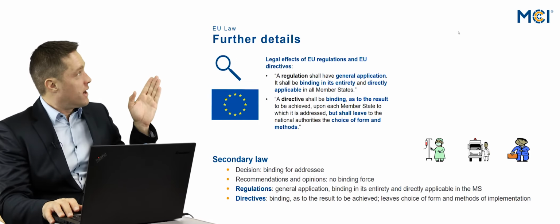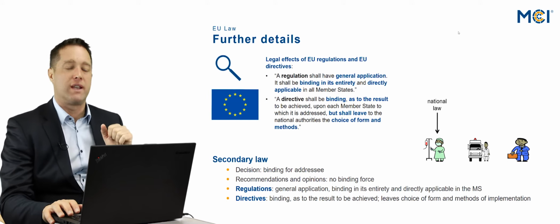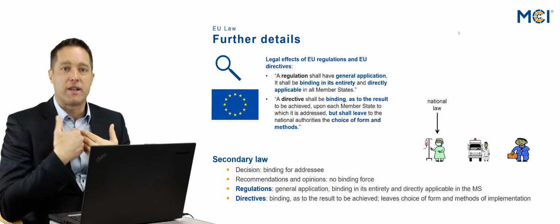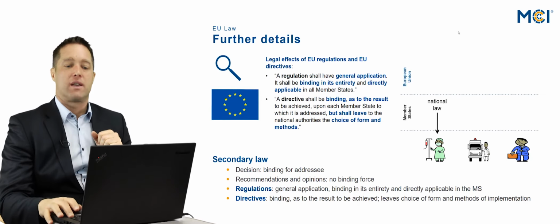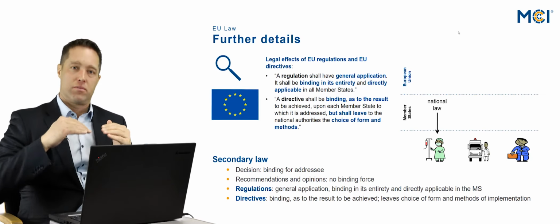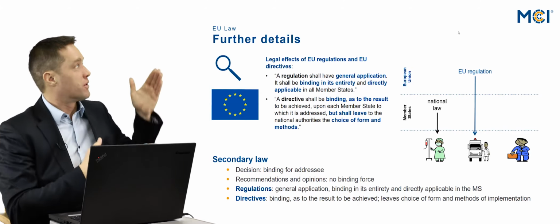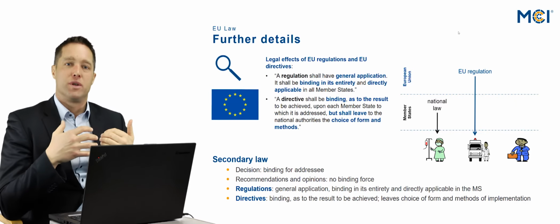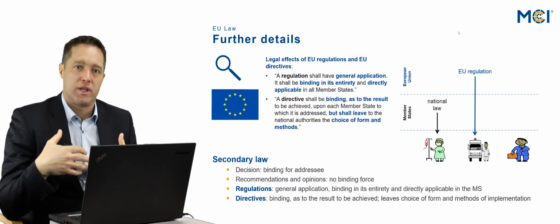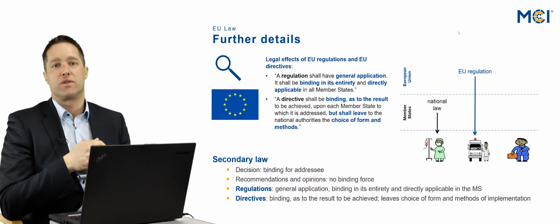So if you consider the legal effects of a national law, which is directly binding on you, can be rights or obligations. In case of an EU regulation, adopted one level above, it's the very same. So also the regulation is directly applicable to you. It can be binding on you. It can be advantages, rights, or disadvantages, obligations.